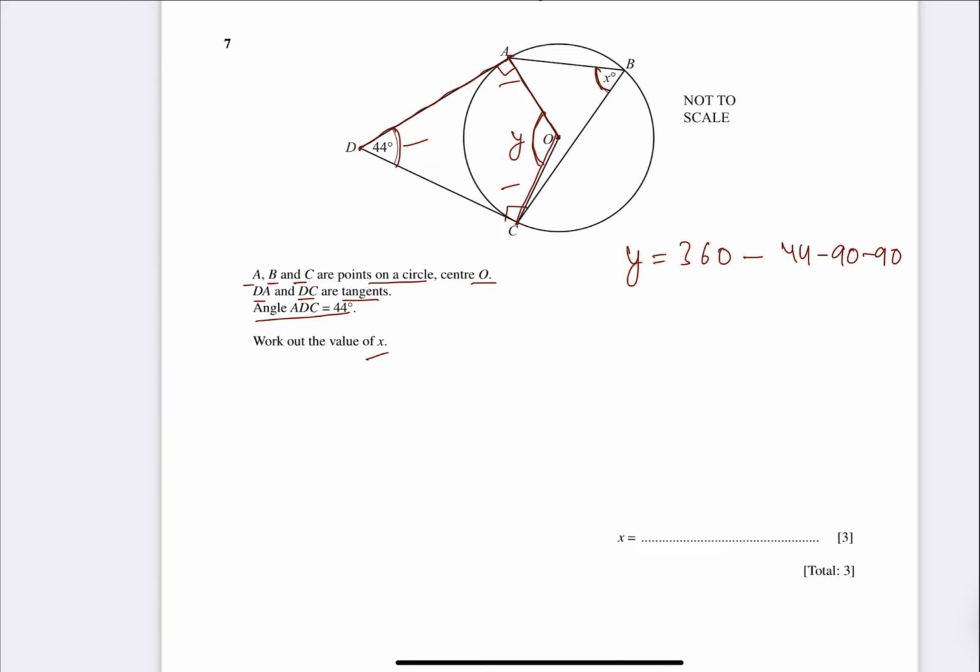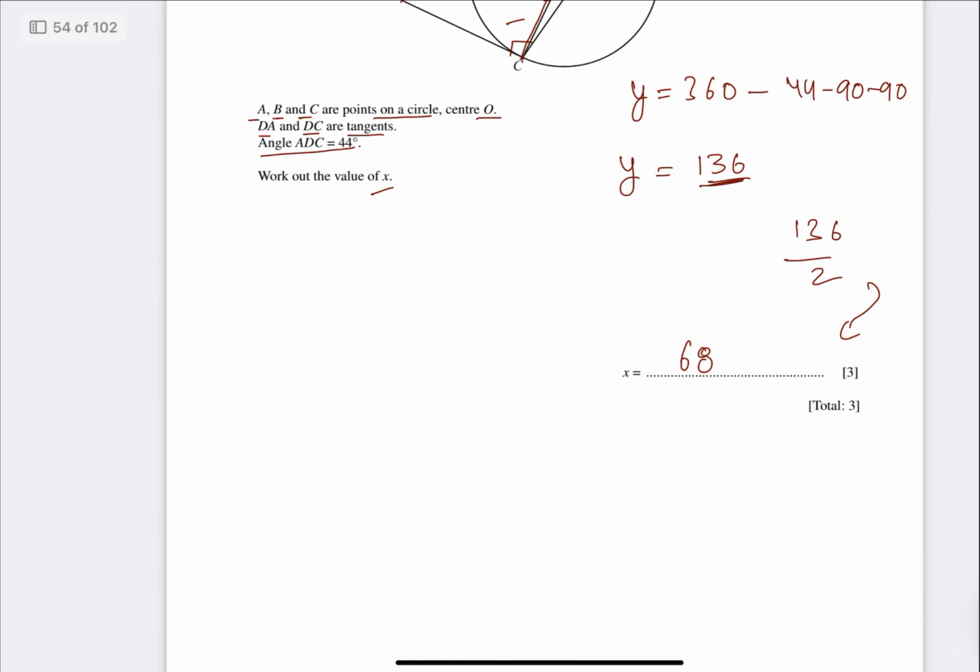That would give us y equals 180 minus 44, which is 136. And this x would be half of it. See, the angle at the center is twice this angle. So the value of x would be half of it, 136 divided by 2, that is 68. Very good, learners. You got this one also correct.